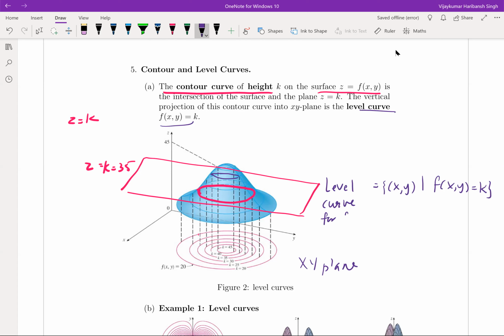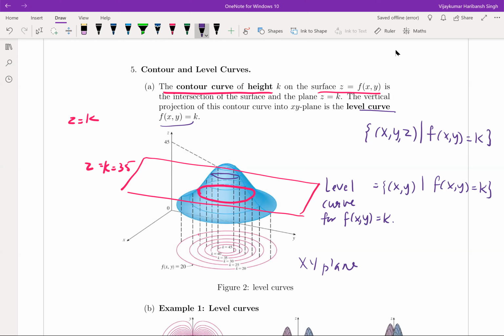Now, what is your contour curve? The contour curve is the set of all points x, y, z such that f of x, y is equal to k. This is the contour curve for z equals k.